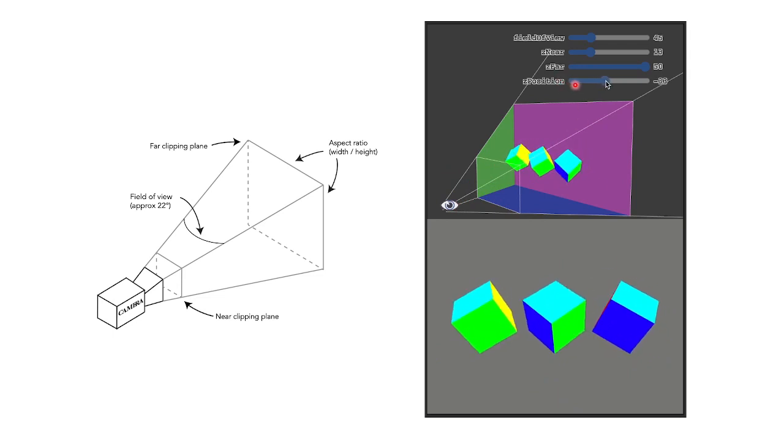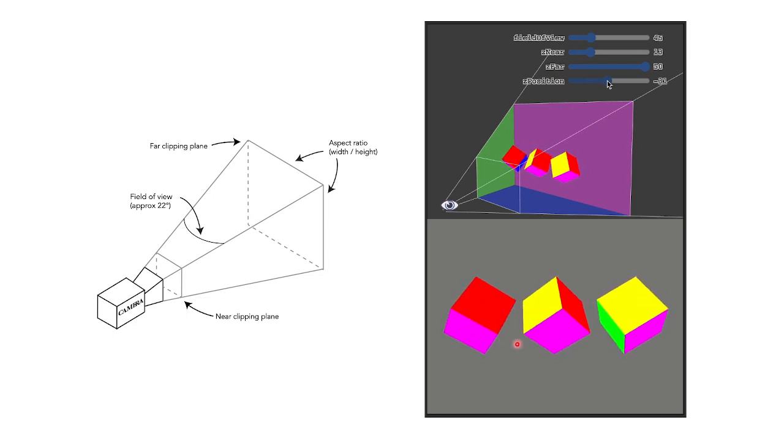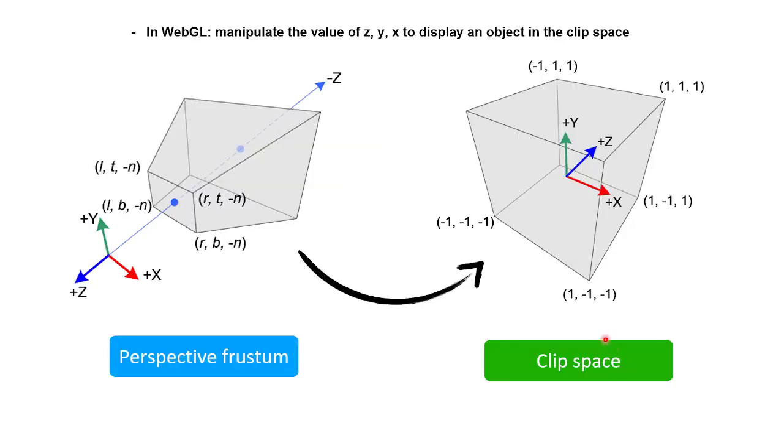When we move around the Z position also, we can see different projections or different views of our objects. So in WebGL, we don't need to do it from scratch. We just manipulate the values of X, Y, and Z to display an object in the clip space.